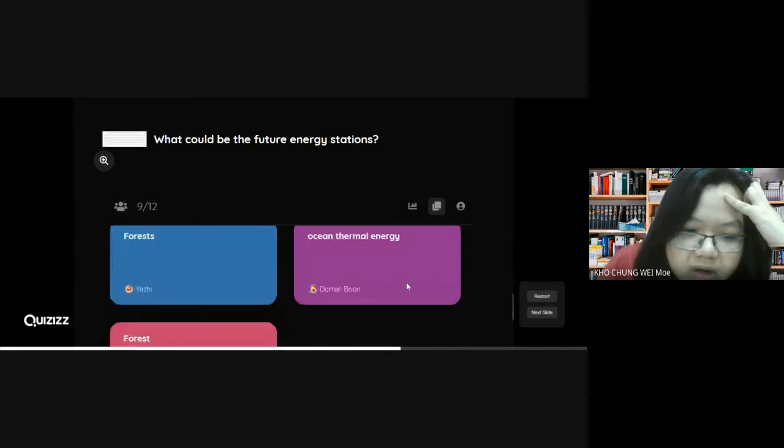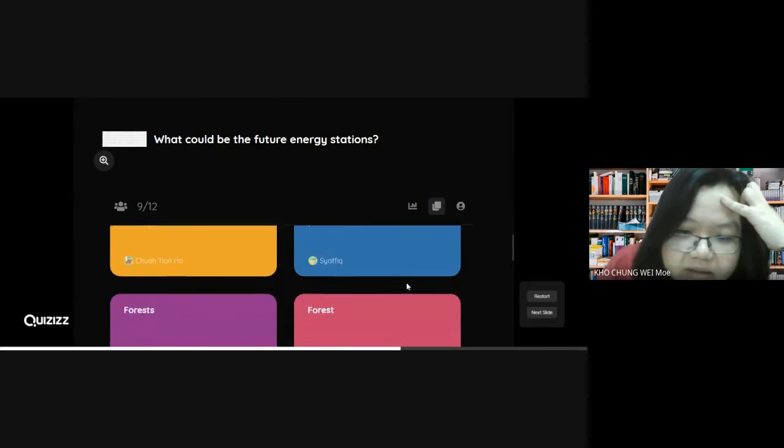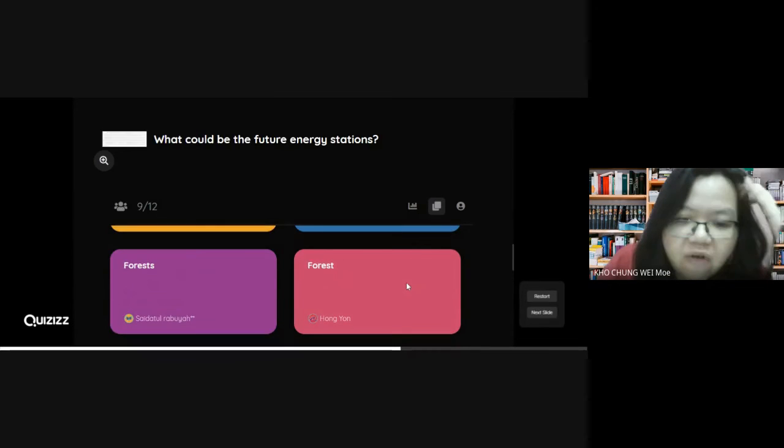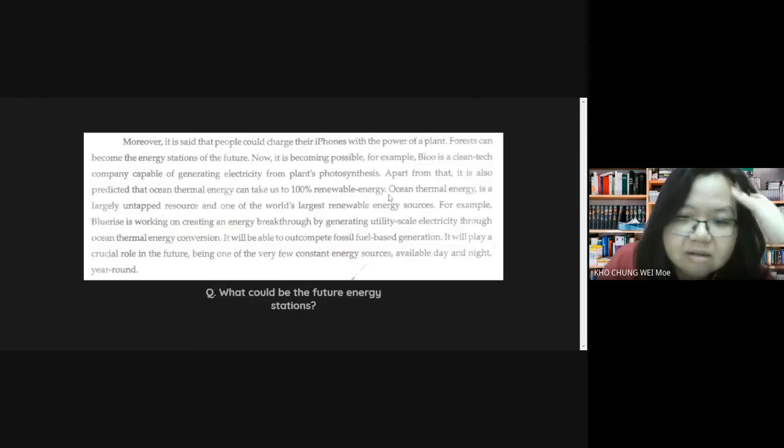Oh, okay, King Kong and Hong Yong, your forest is without the S. Okay, so let us look at the text again. Forests can become the energy stations of the future. So forest is plural with the S, not singular form without the S. Okay, so that is a mistake.